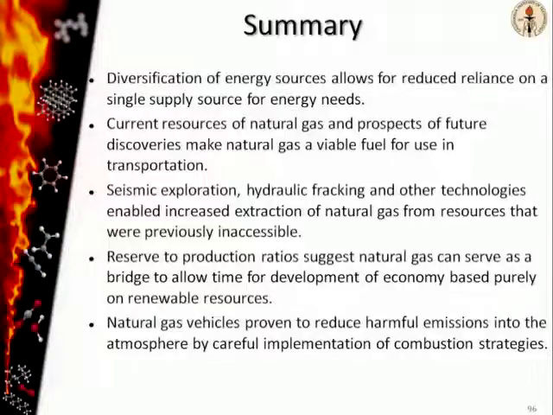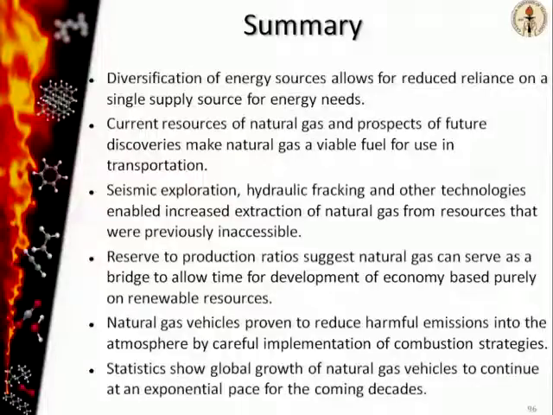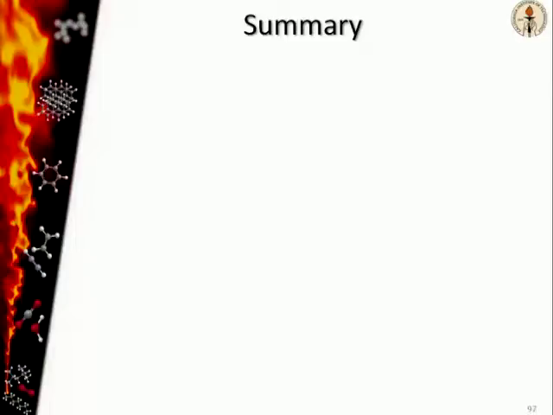We have seen some of the advanced techniques of identifying and extracting natural gas. Natural gas vehicles have been shown to reduce the amount of emissions released into the atmosphere as compared to conventional fuel vehicles. And also, we have seen some statistics that show that there can be a rapid growth of natural gas vehicles in the immediate future.